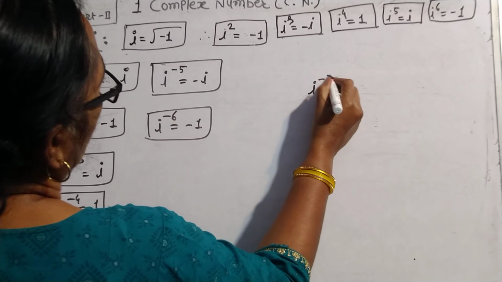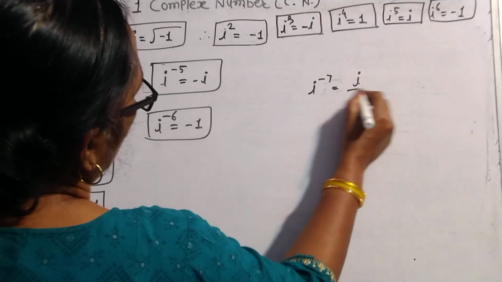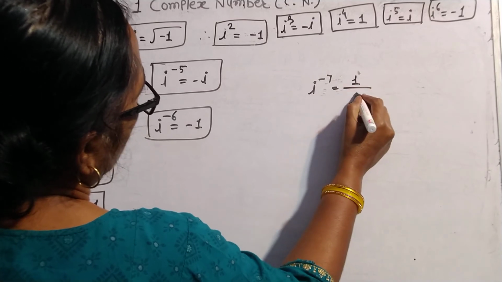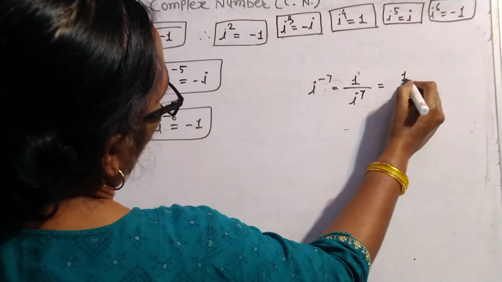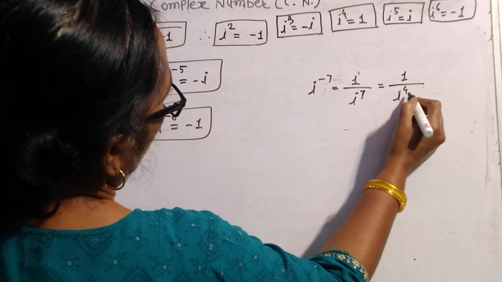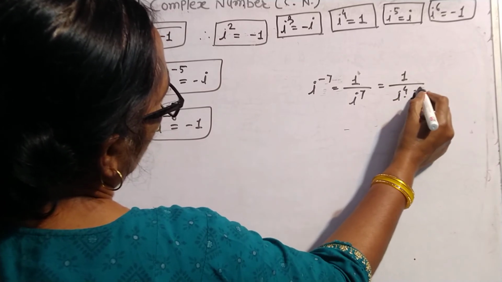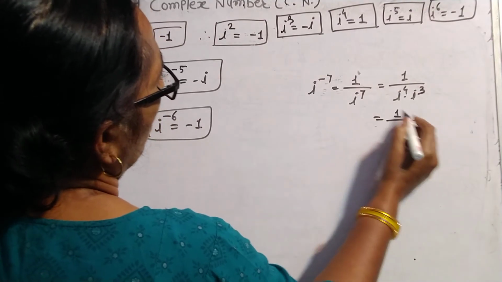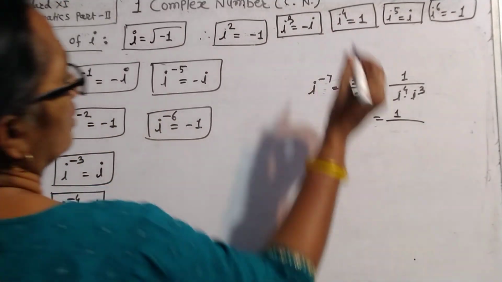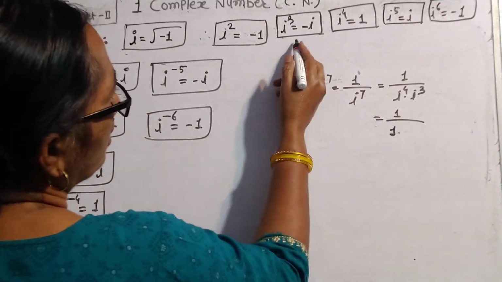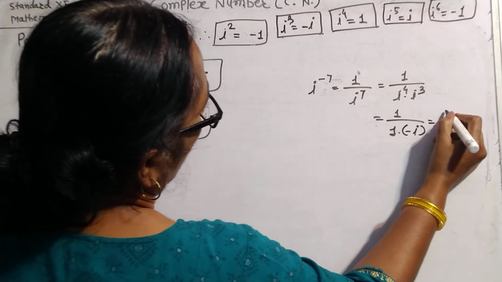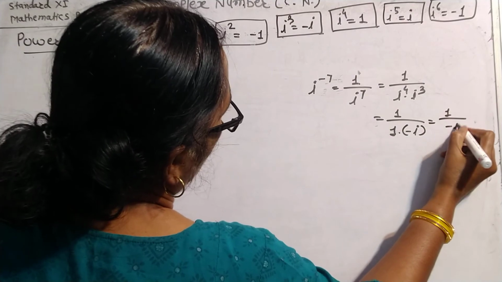Now i raised to minus 7 means 1 divided by i raised to 7, which means 1 divided by i raised to 4 into i raised to 3. Now i raised to 4 is 1, and 1 into i cube is minus i, means 1 divided by minus i.